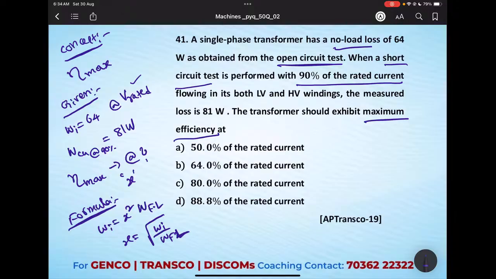The copper losses given are at 90% load, not at rated or full load current. So we need to convert the given copper losses to full load before substituting into equation 1. From that we can get X, the fraction of rated current.